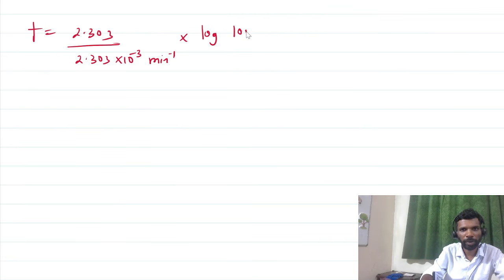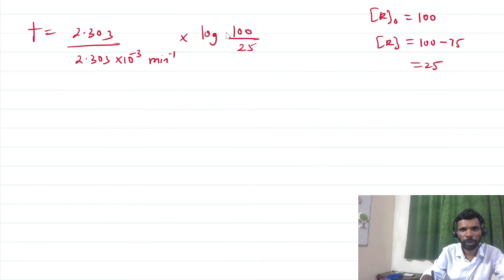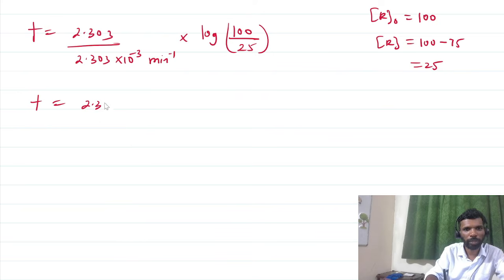I'm considering R0 to be 100, and 75% completion means 100 minus 75, which is equal to 25. So divide by 25 over here. So time is equal to 2.303. Okay, this and this will get cancelled.